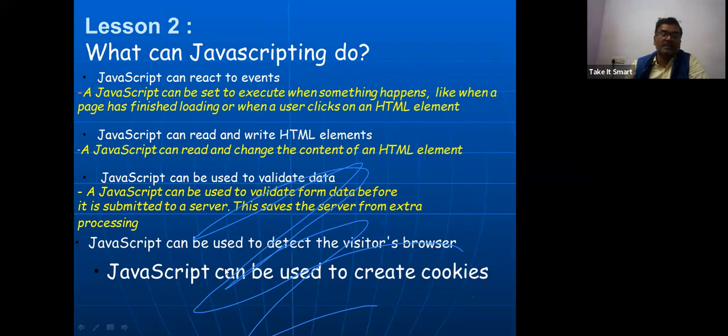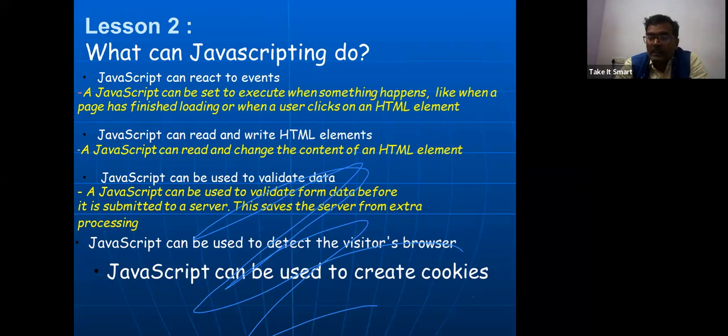So JavaScript can be used to detect the visitor's browser. See, many times my client comes and asks, can you write something for me so that I get a notification about who is visiting my website? I say, guys, this will be based on the IP. The IP will be captured, and if that IP has some login of a mail ID, that can be captured.